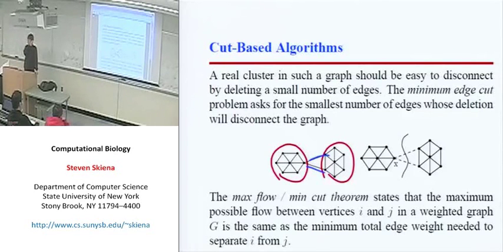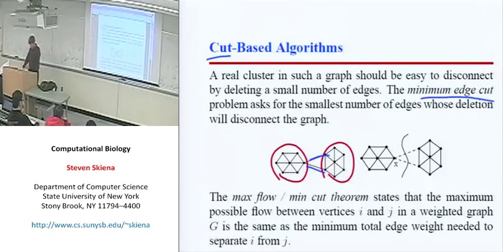Okay. So if we think about it, one class to reconstruct the clusters are cut-based algorithms. We would like to find, given a graph, a small number of edges with the property that if you cut it, it will disconnect the graph. Does that make sense? We have a similarity graph, a small number of edges to disconnect the graph seems like a reasonable criteria, correct?